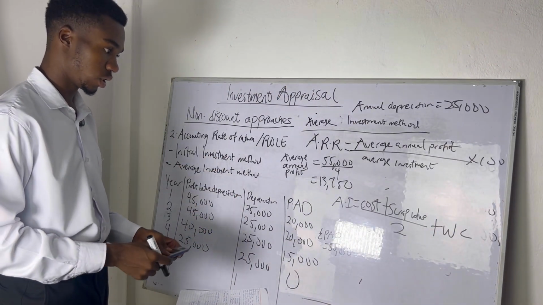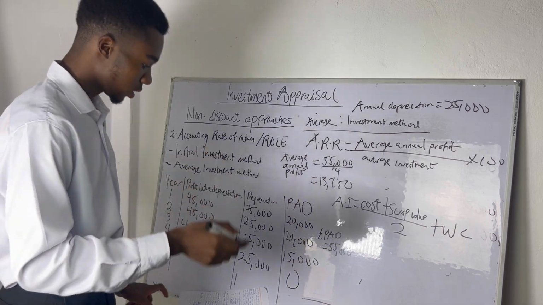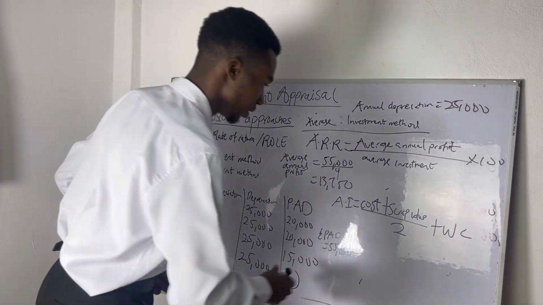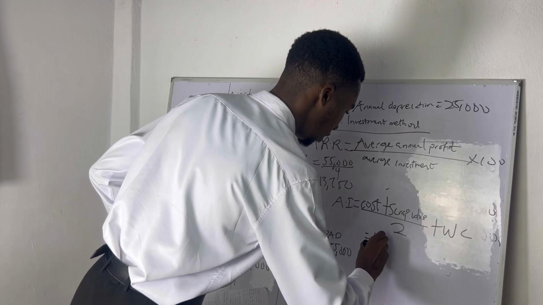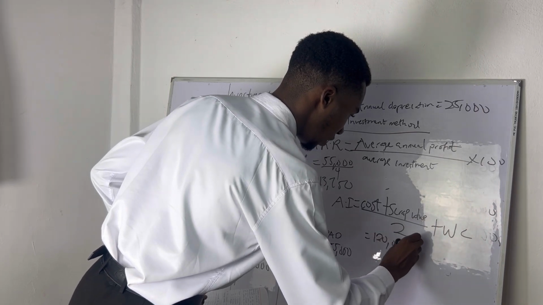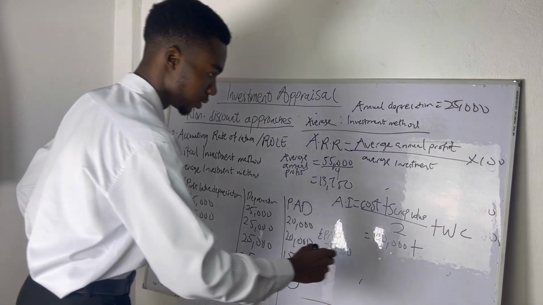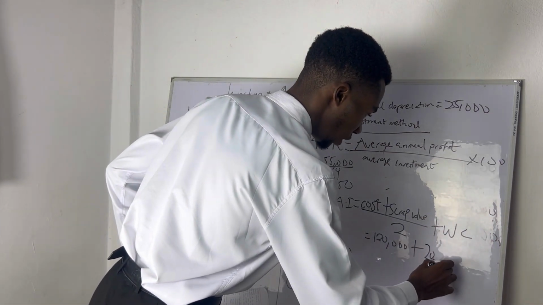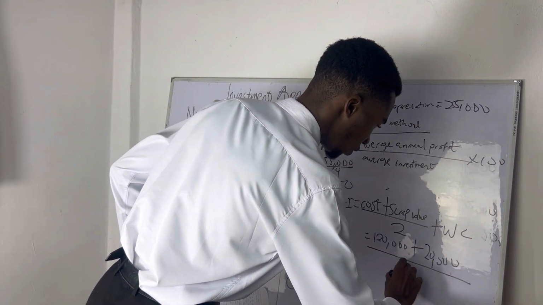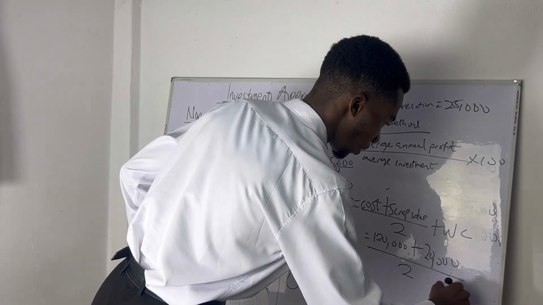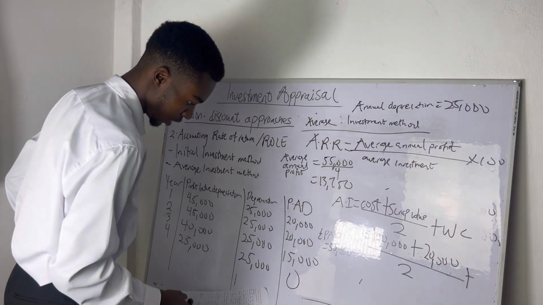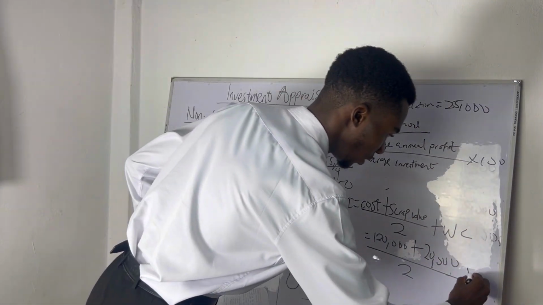So the cost in the question is 120,000 cedis. So you have 120,000 cedis plus the scrap value, which in the question it says is 20,000 cedis. So 20,000 cedis over 2, plus the working capital. The question gives us a working capital of 15,000 cedis.